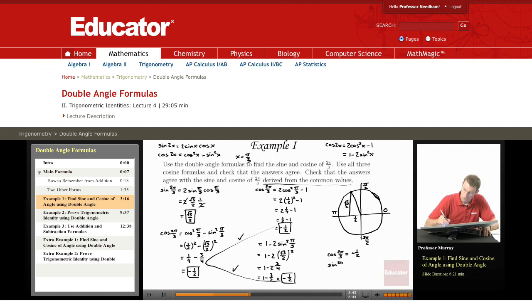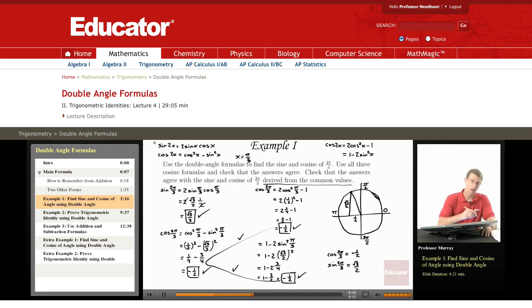The sine of 2 pi over 3 is the y value, which is positive, so that's root 3 over 2. And look, that checks out with the values we got from the formulas, sine of 2 pi over 3, and each one of the formulas for cosine of 2 pi over 3.